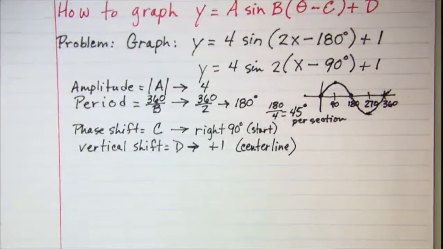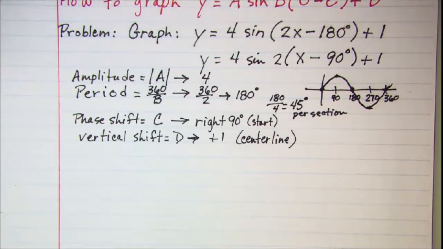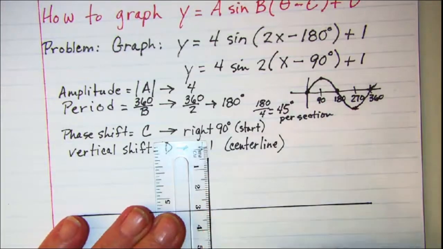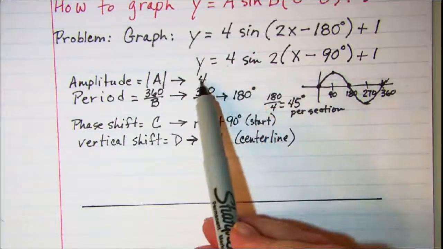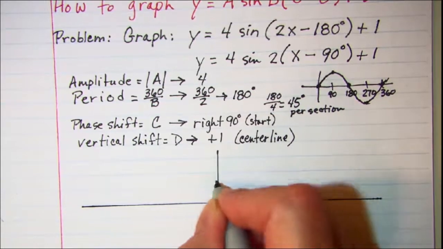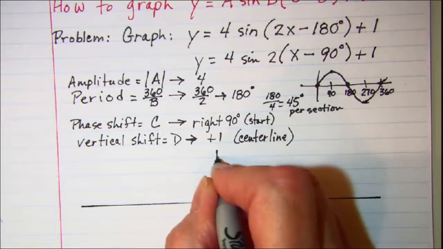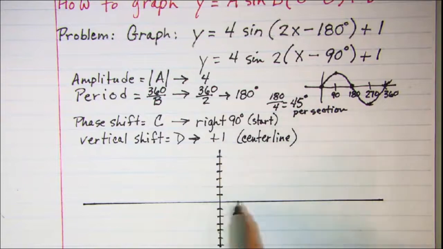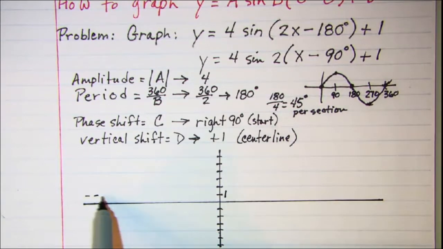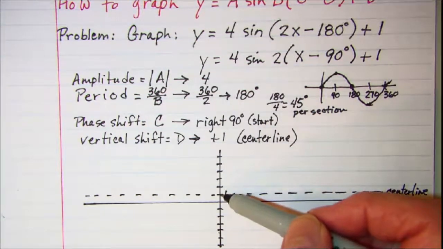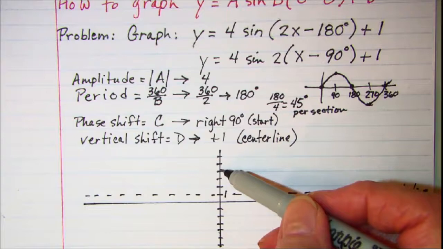Alright, we have a lot going on here, so I'm going to start drawing my graph. Here's my x-axis. I need an amplitude of 4, and I'm doing a vertical shift 1, so I'm going to notch kind of small here so I can fit this all on my graph. My center line is at positive 1, so this dotted line represents my center line. Then my amplitude is 4, which means I need to go up 4 from my center line. So there's 1, 2, 3, 4.